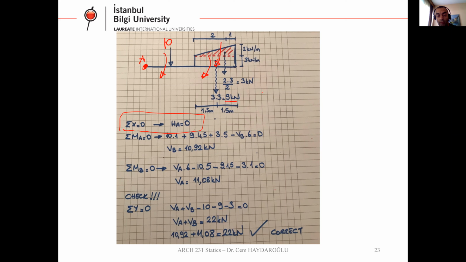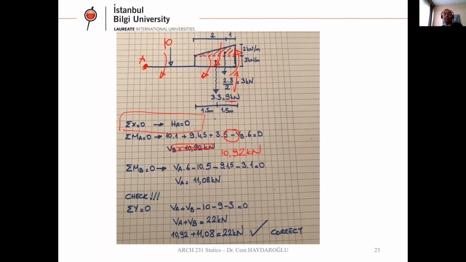But we have vertical B. Vertical B is in this direction, so it turns the system like this. So it's negative. Vertical B times 6. That's why here we have a negative. If we do this equation, you are gonna get this number, 10.92 kilonewton. This is VB.